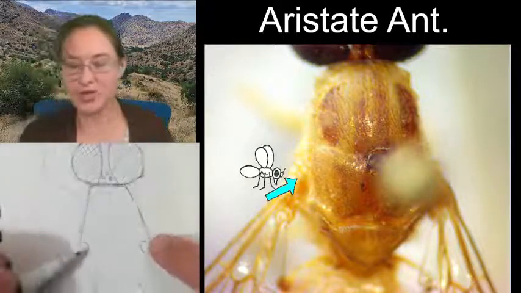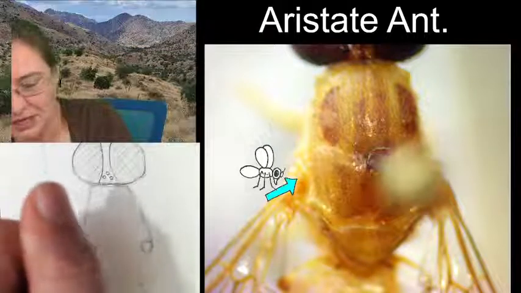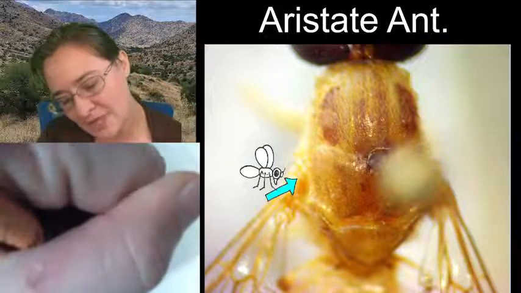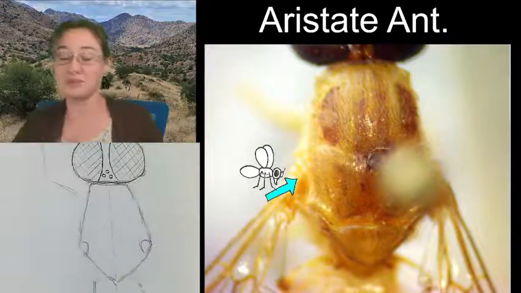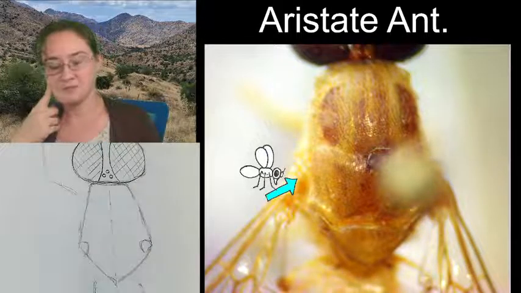If I go from the shoulders down to this point, that middle point should be where that middle line should be, where the point meets, if my fly is completely the same on either side.